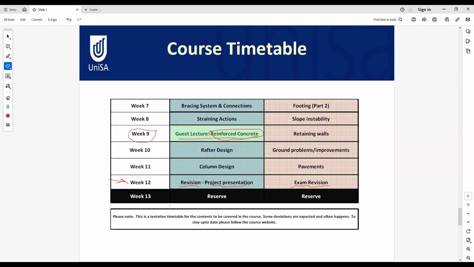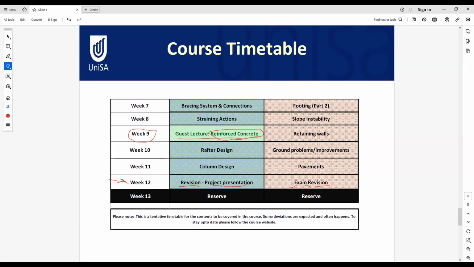So Structure 2 builds on Structure 1. The concepts you have learned in Structure 1 will be used in Structure 2. Some of you asked if it is as hard as Structure 1 last year or similar. So was Structure 1 a hard or easy course last year, so that I can tell you?